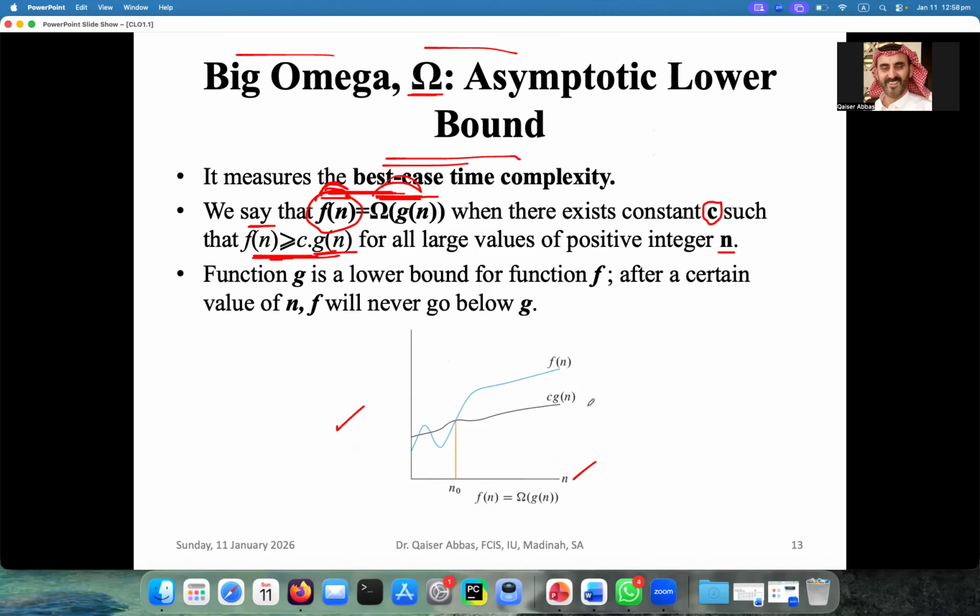When f of n is higher and g of n is lower, it means that g of n is always a lower bound of the function f.